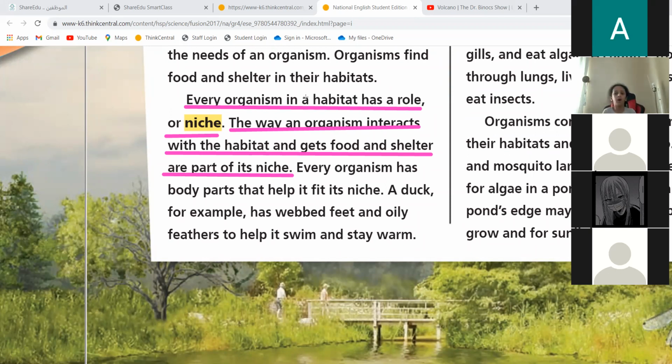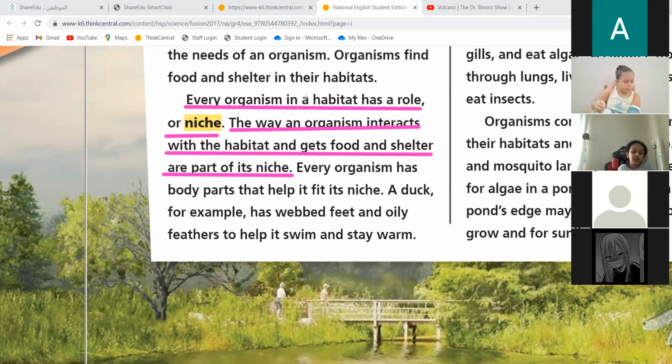We talked about population, community, and ecosystem. Excellent. Populations, niches, community, and ecosystem. Very good.